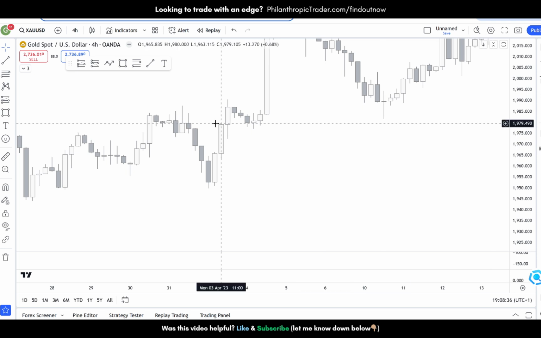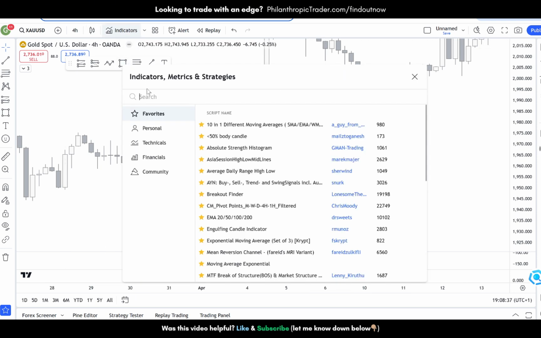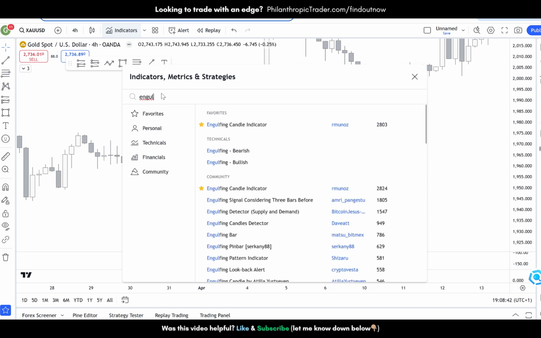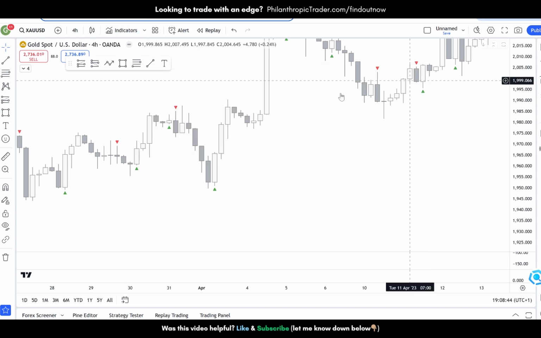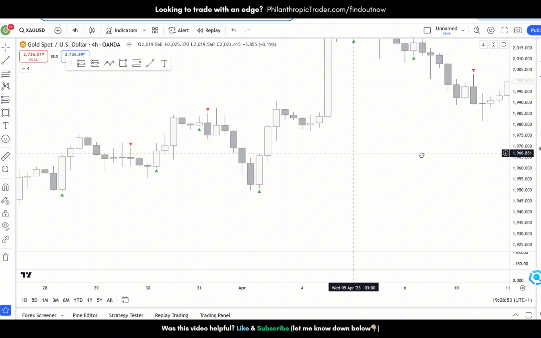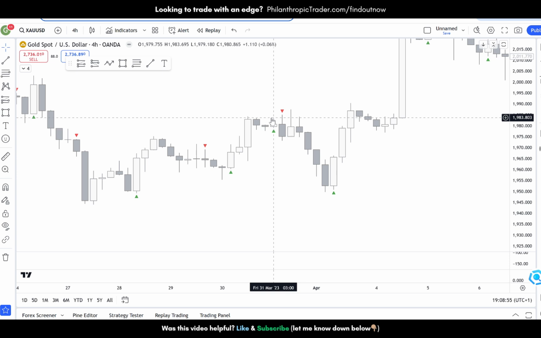And so maybe what I can do is use an indicator which is called the engulfing candle indicator. All right, so now we see a bearish engulfing candle. So it takes out the high of the previous one, and it also closes below.